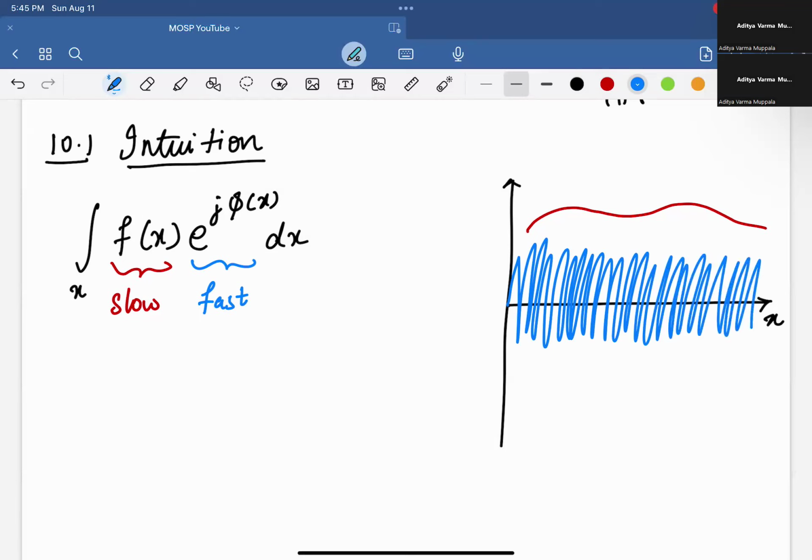So the product of these two functions also varies very fast. And if we look closely at any region, then the integral over this region basically goes to 0, right? Because the positive part and the negative part kind of cancel each other out. Okay.